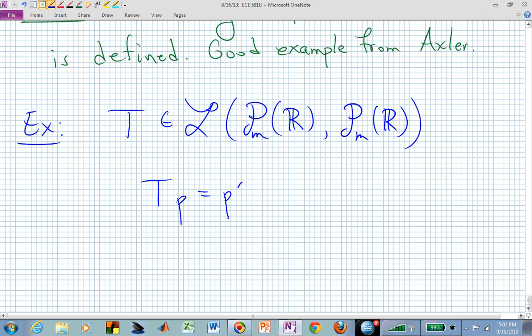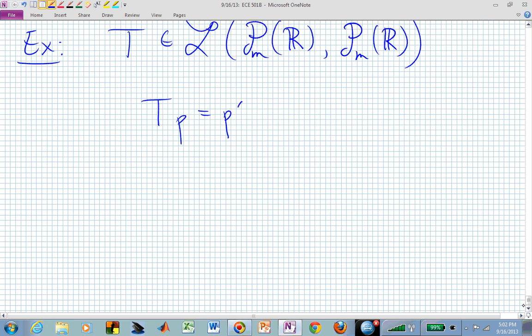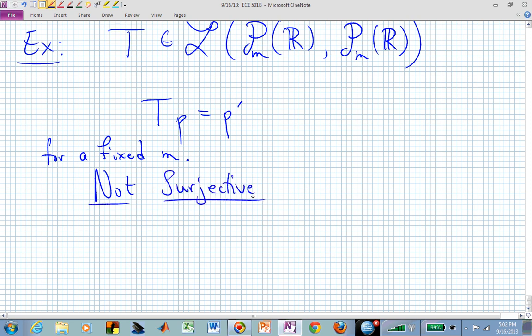So this is a more abstract vector space relationship maybe, but hopefully we are showing that this differentiation map for a fixed order M is not surjective.